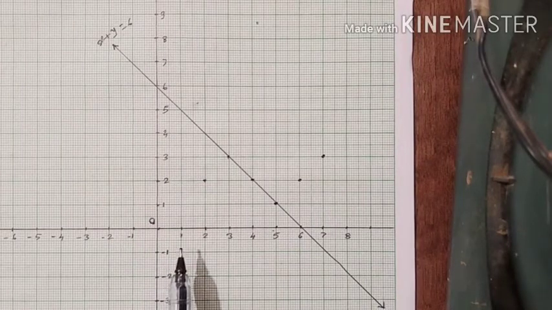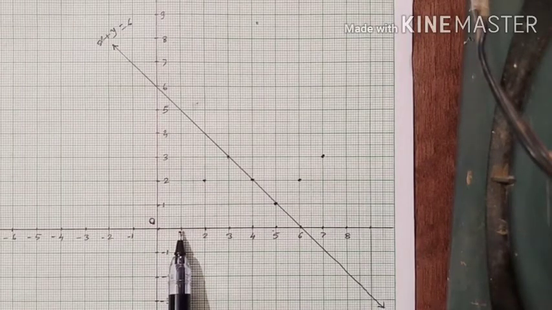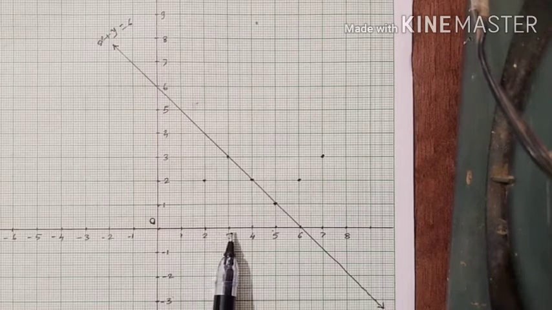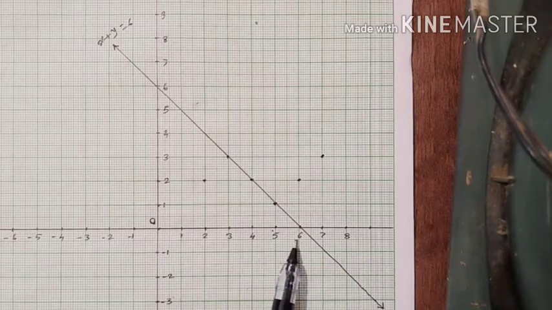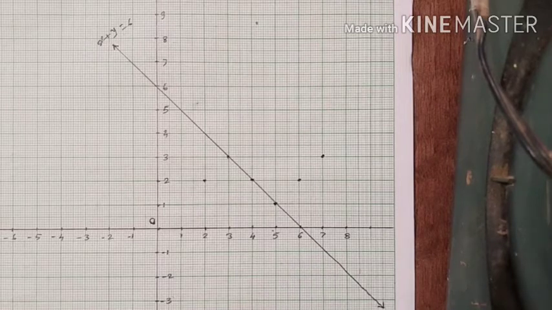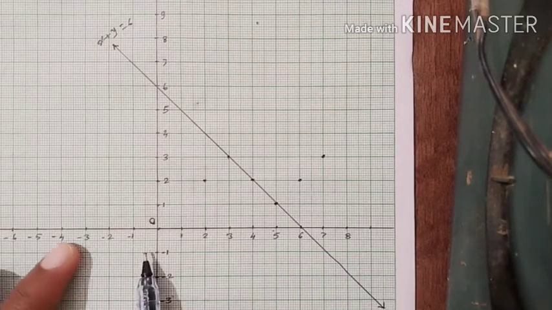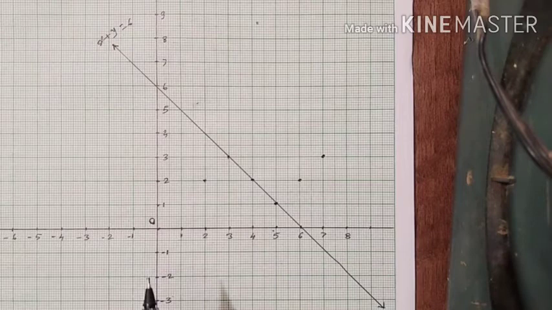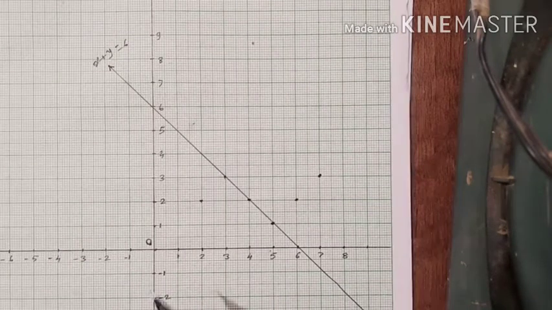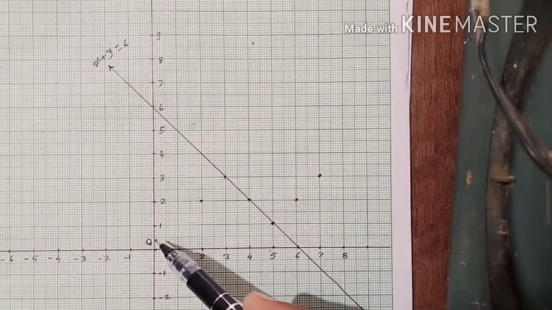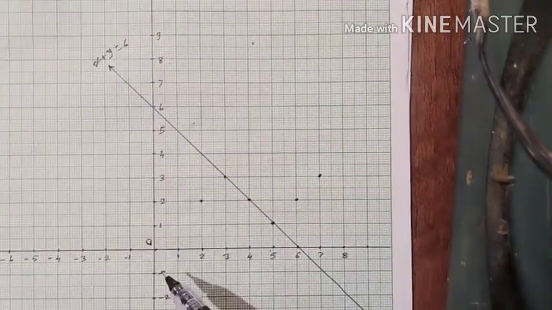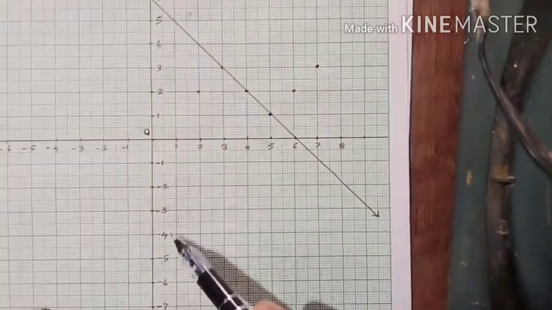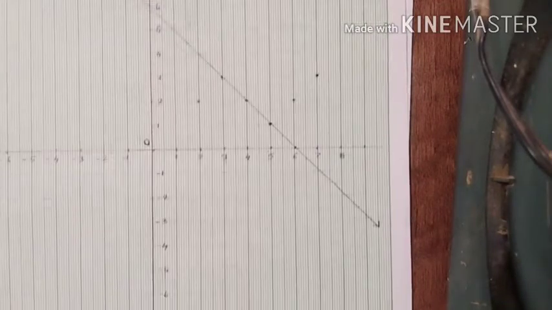Take the points at 1 cm each. Positive numbers 1, 2, 3 are at the right-hand side and negative numbers are at the left-hand side. Above the x-axis there are positive numbers and below the x-axis there are negative numbers, in this way.